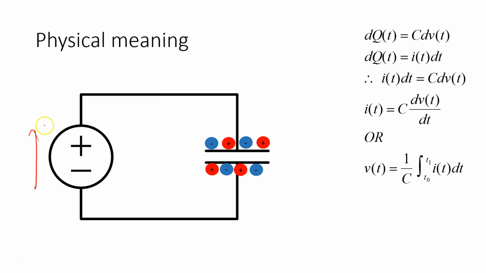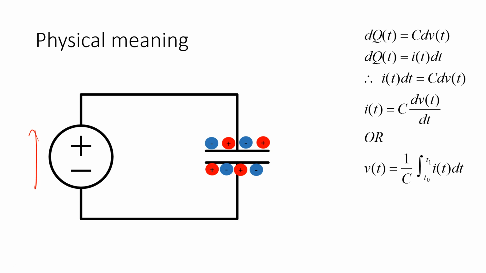We have a positive voltage here and a negative on this side, so it's going to start attracting the negative charges. And as it does that, it builds up the electric field. So let's look at that again.